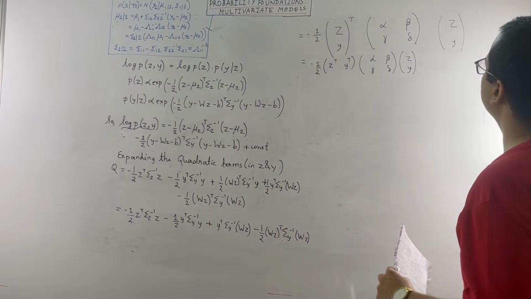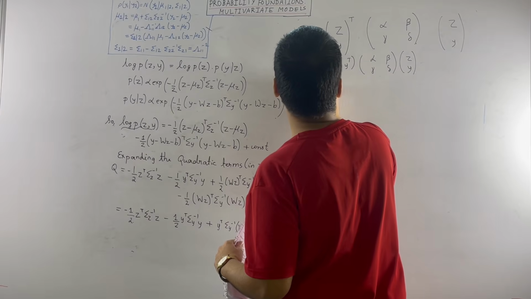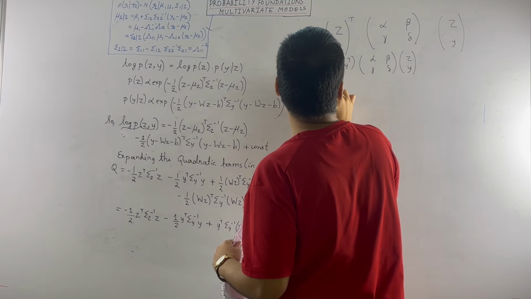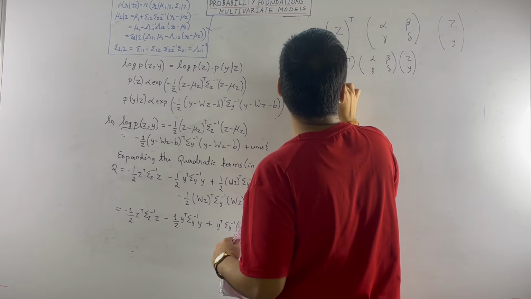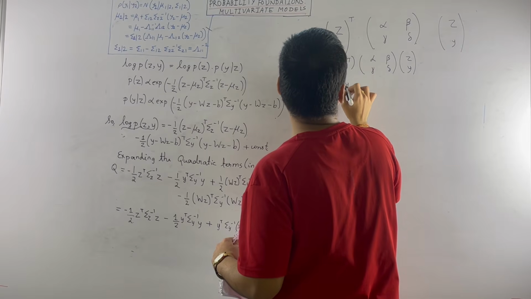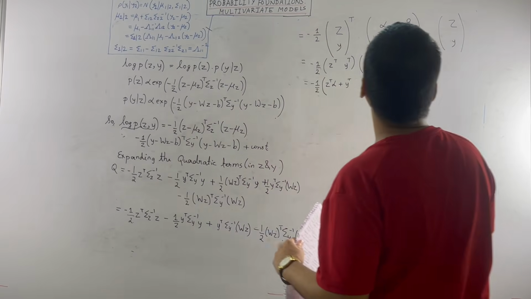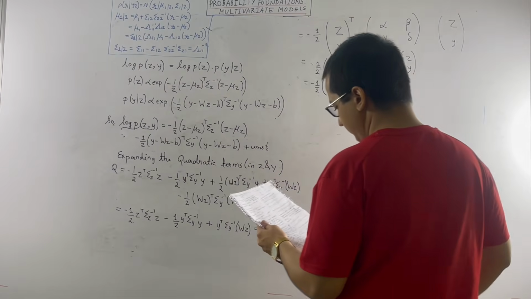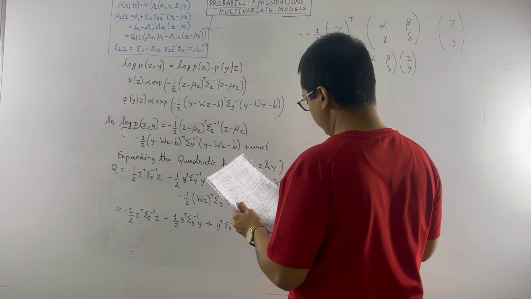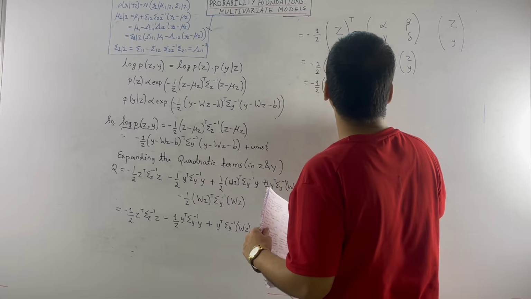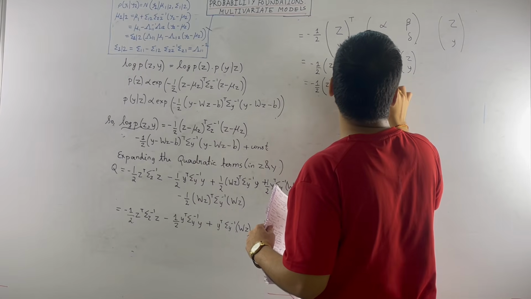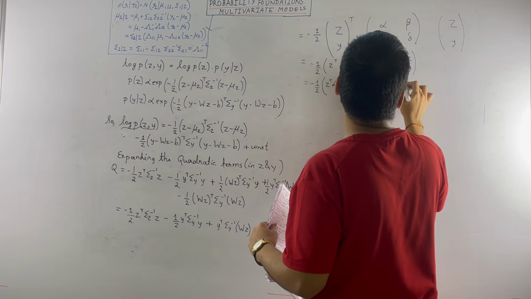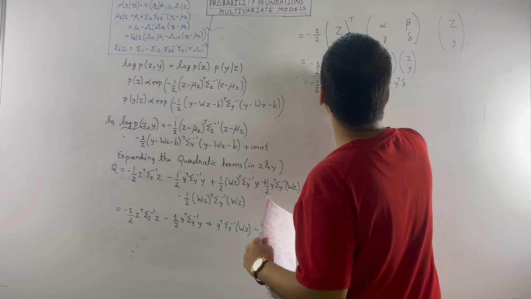If I just expand it, z transpose alpha plus y transpose gamma, and then we have z transpose beta plus y transpose delta.